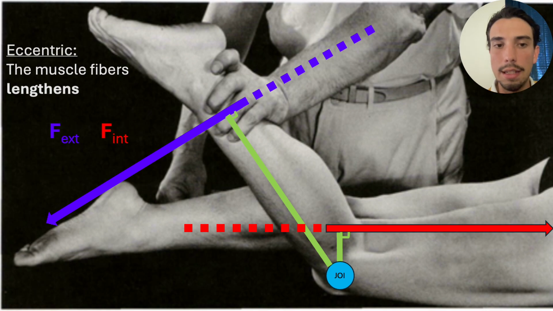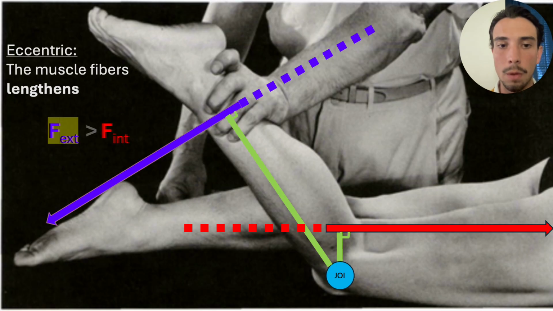Now, during an eccentric contraction, we know that this is when the muscle fibers are lengthening. So that's just the opposite of the concentric contraction. So for an eccentric contraction, that means that the practitioner, or the external force, is going to be winning and outweighing the internal force.